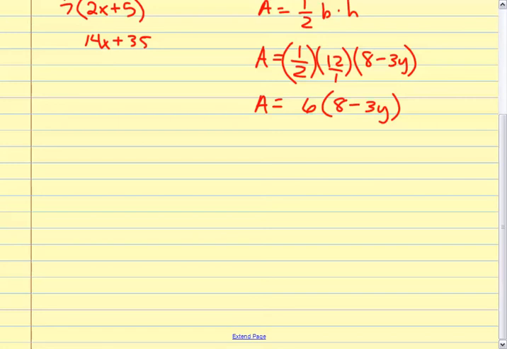Let Peyton finish this up. Peyton? 6 times 8 is 48. Then 6 times 3y. It's not 3y, is it? Negative 3y. Which gives me negative 18y.